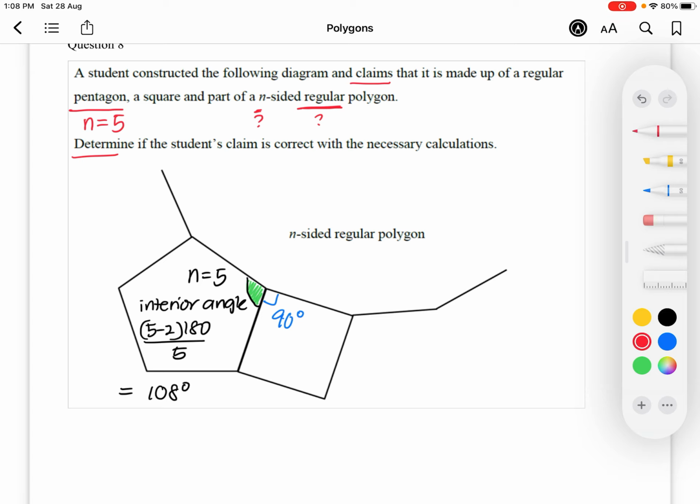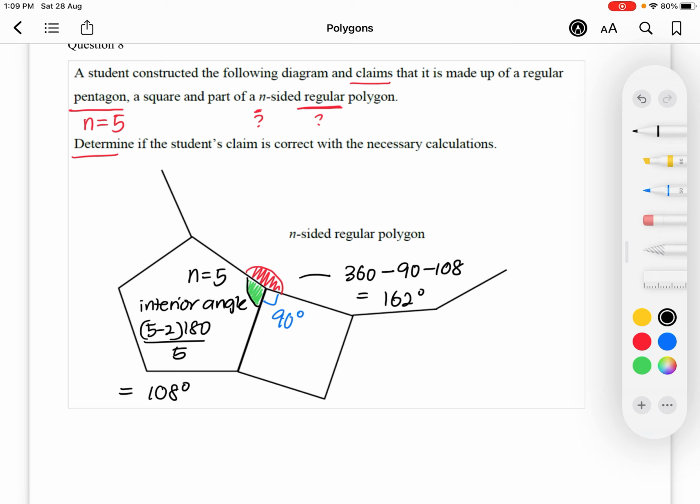Now what we need to do, we need to find what is this interior angle first. Alright, so we're going to find the interior angle over here. So this interior angle will be made up of angles at a point. Okay, so 360 degrees minus 90 minus 108. And that gives me 162 degrees, right?